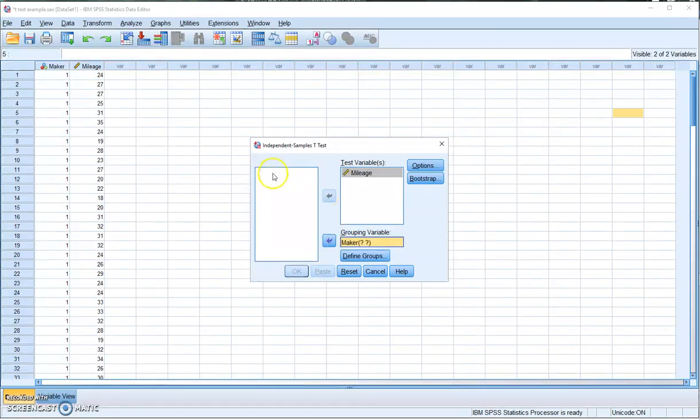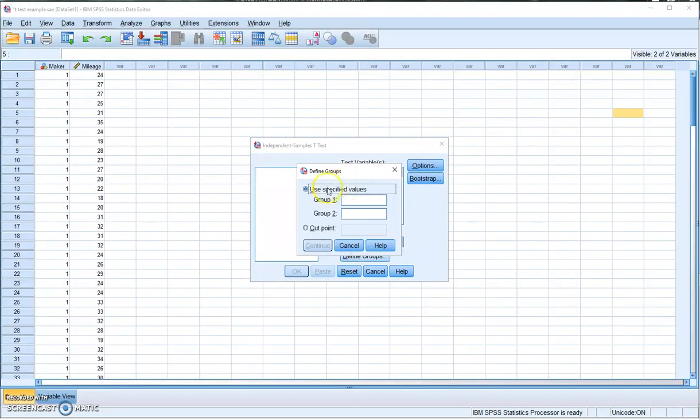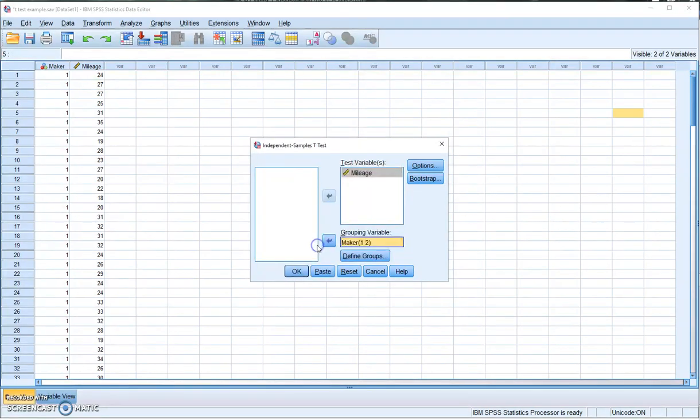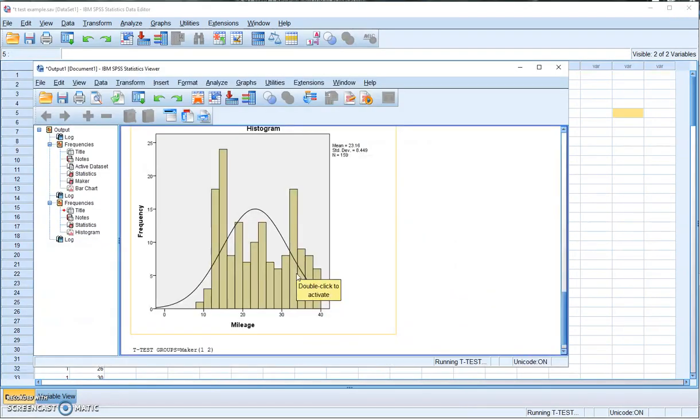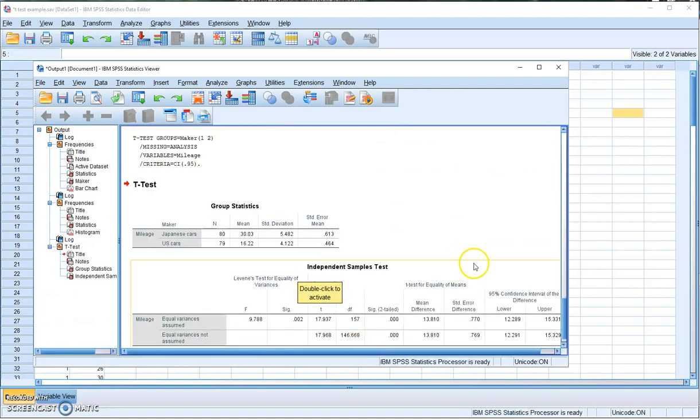So we have the two car makers, they are coded as 1 and 2. So we put the values in there, and nothing else is really necessary. As long as you click on OK, you are given the output.